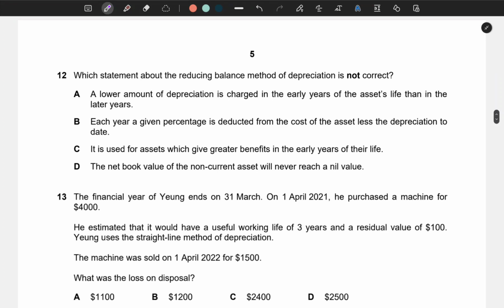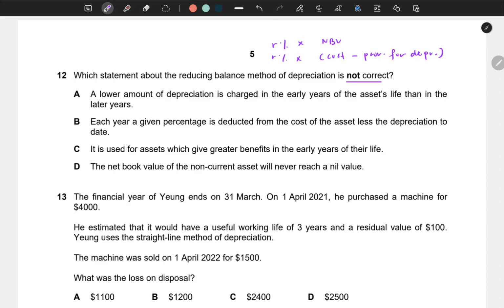Which statement about the reducing balance method of depreciation is not correct? Reducing balance method, what is the formula? The formula is the percentage multiplied by the net book value. How do we get net book value? Net book value is the cost minus the provision for depreciation.